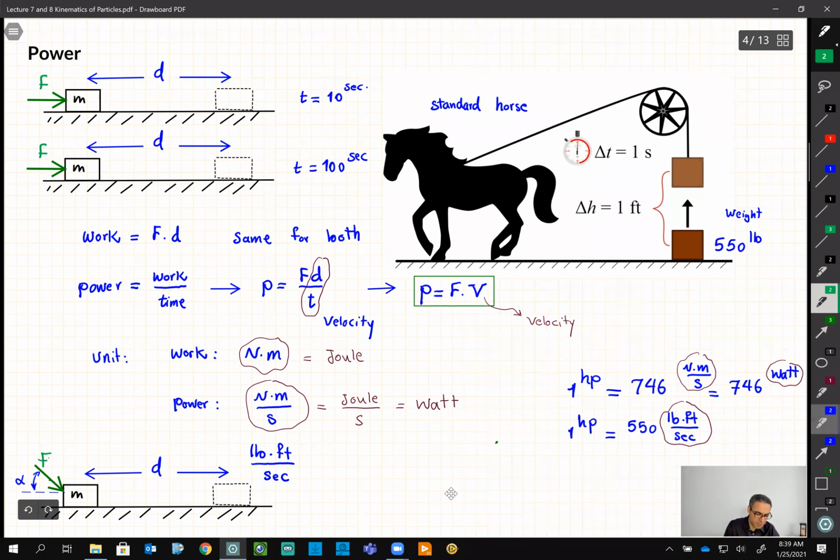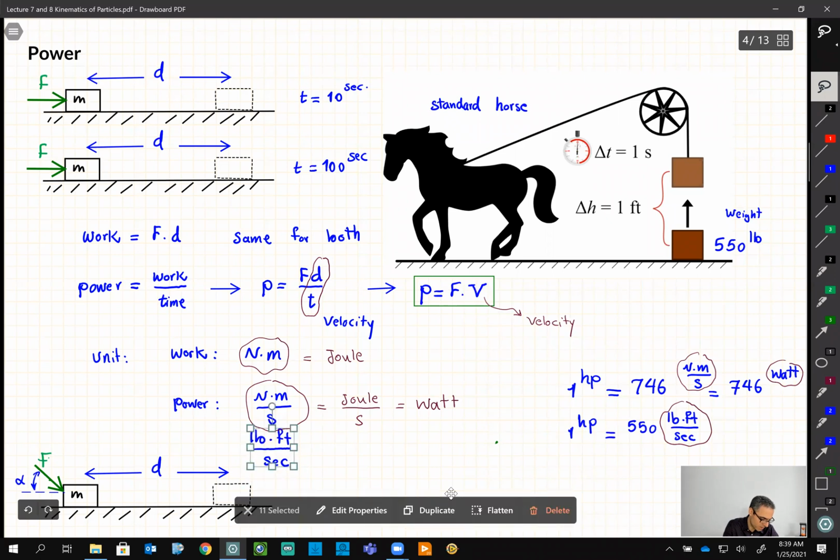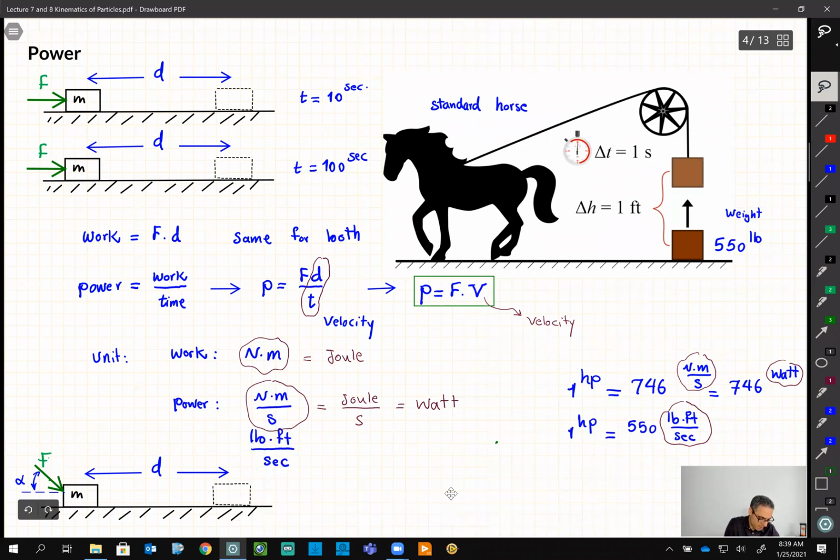You always need to find the force in the direction of displacement. So in this scenario, work is equal to F cosine alpha multiplied by D, right?